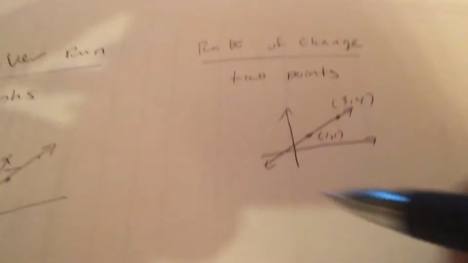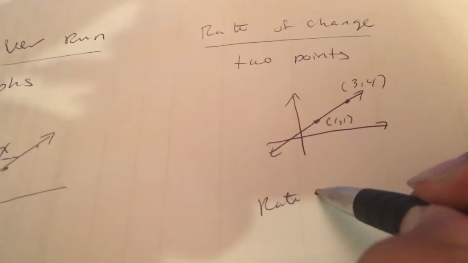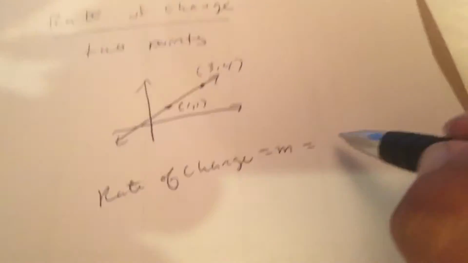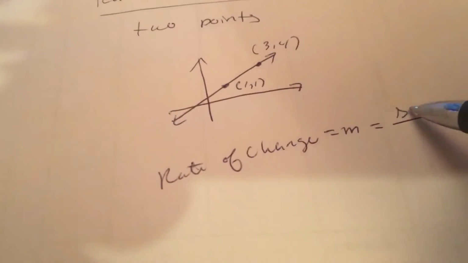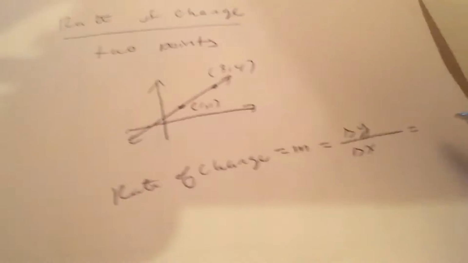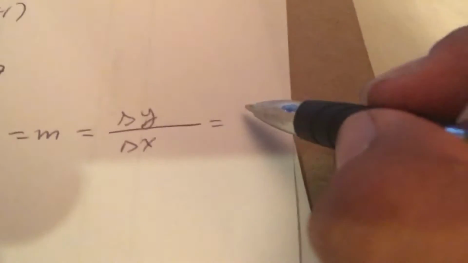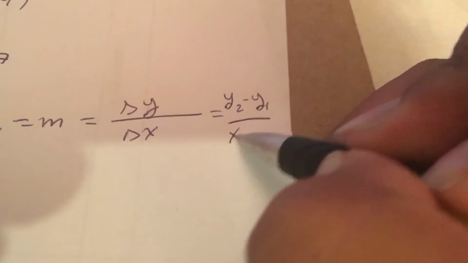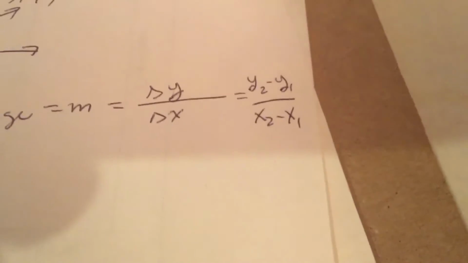And we want to use the concept of rate of change to calculate the slope. I'm going to put that equal to m, and we're going to say that delta y over delta x equals our slope, and this can be expanded to include the following: y2 minus y1 over x2 minus x1.